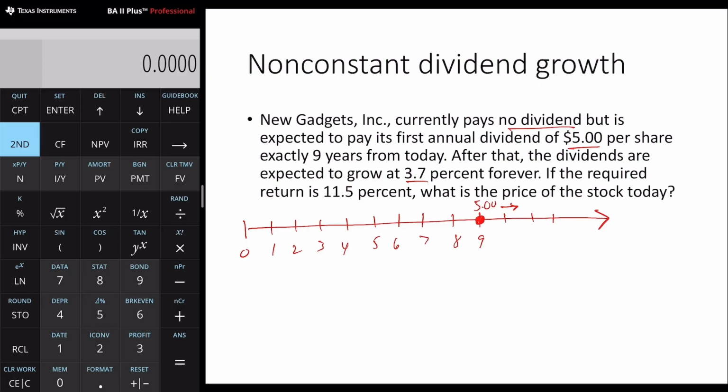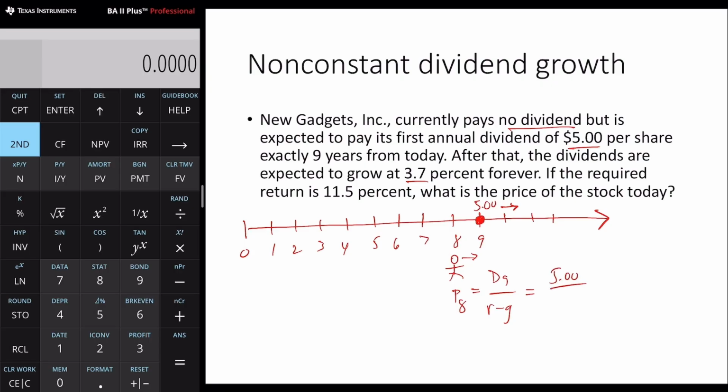So you can imagine, if we are standing at time 8, looking forward, then we can easily apply the constant dividend growth model. So let me do that. Let me say P8, the price at time 8, is equal to D9, always the next period dividend, divided by R minus G. So D9 is $5.